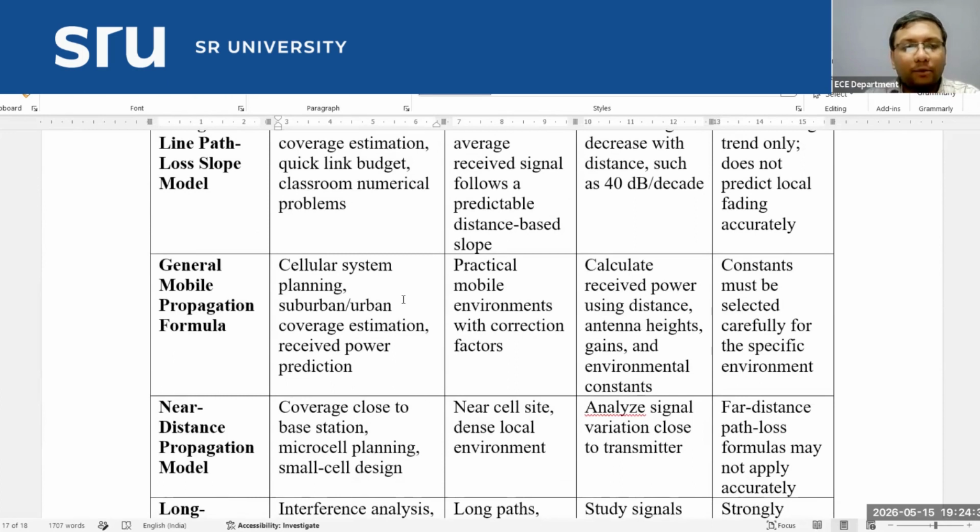Now general mobile propagation formula. For this, the constants need to be selected carefully, like the constant K of 157.7 for suburban. That value will change if this is a highly dense urban area or a very lightly dense village or rural area.